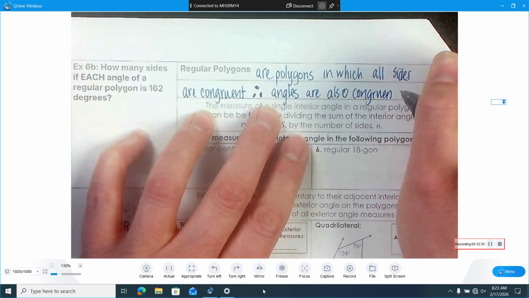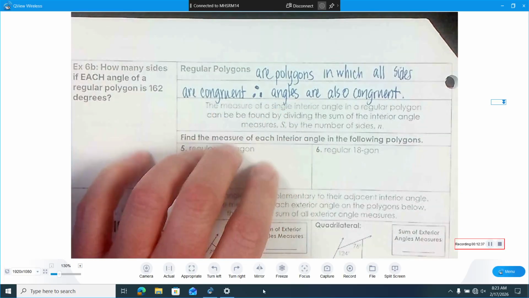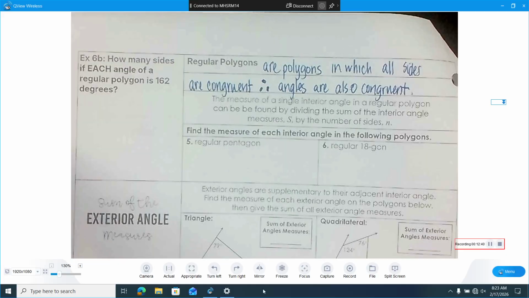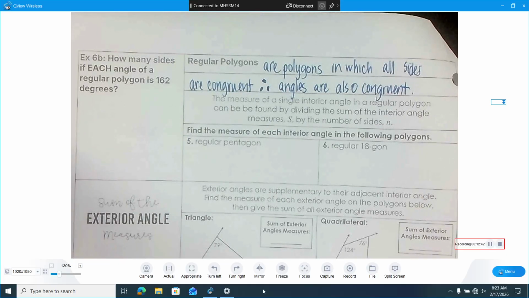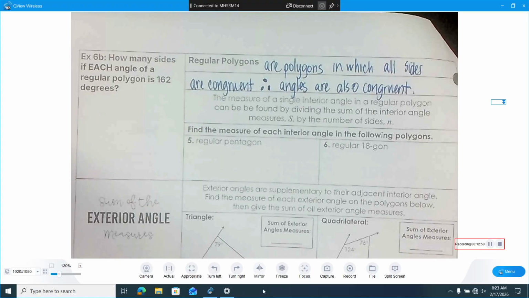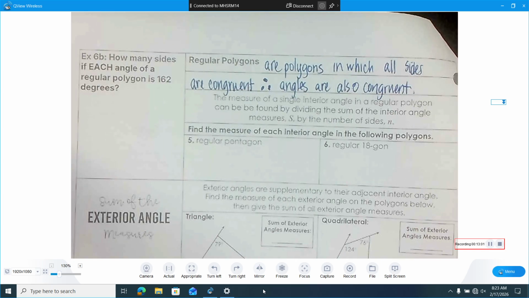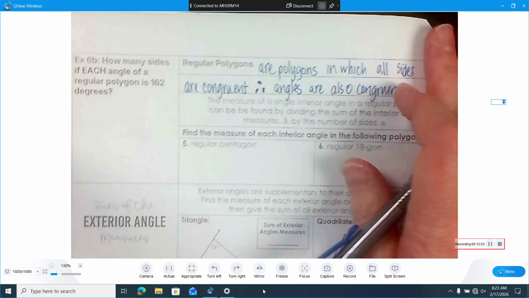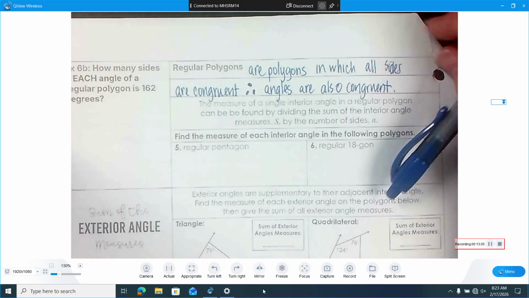So when we talk about a regular polygon, regular isn't like Joe Schmo. Regular means super, super specific, okay? So a square is a regular polygon because all 4 sides are congruent and all 4 angles are congruent. So it's called a regular quadrilateral. And so a regular polygon means all the sides are the same and all of the angles are the same as well.